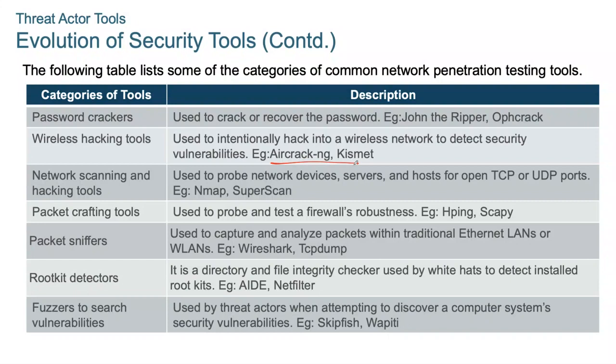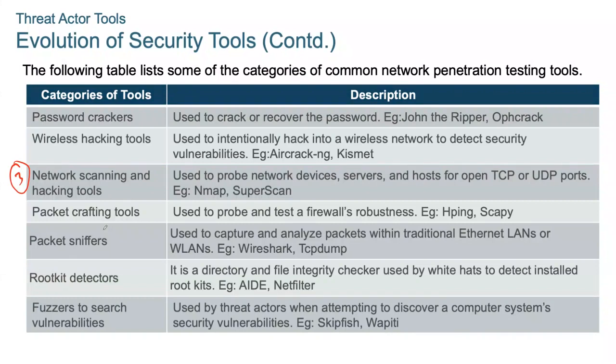The third one is your network scanning and hacking tools. This is one of the most important cybersecurity tools. These network scanning tools are used to probe network devices, servers, and hosts for open TCP or UDP ports.